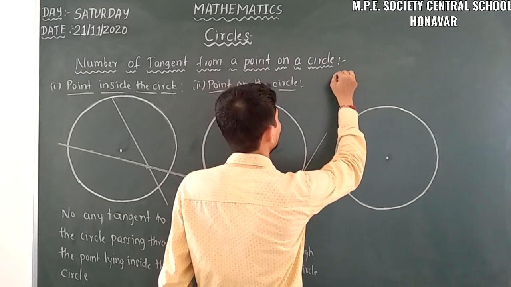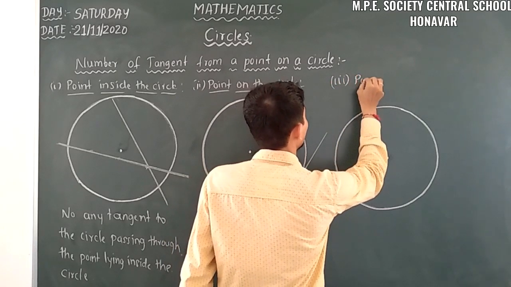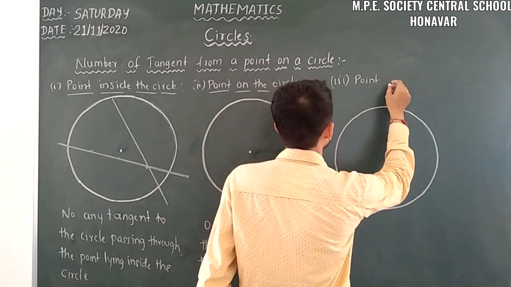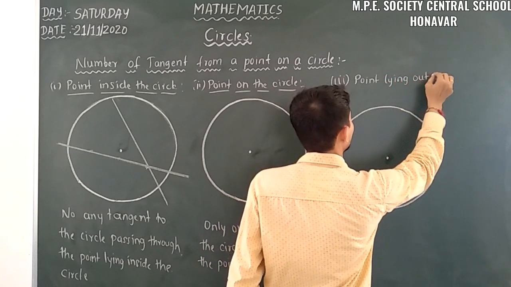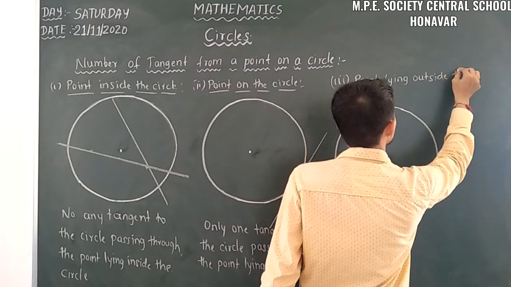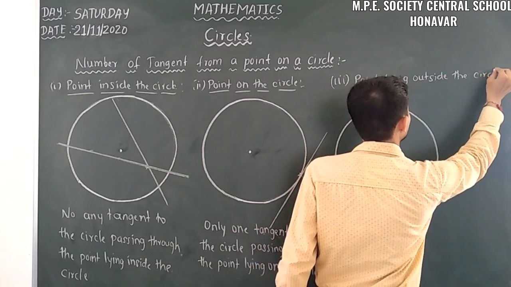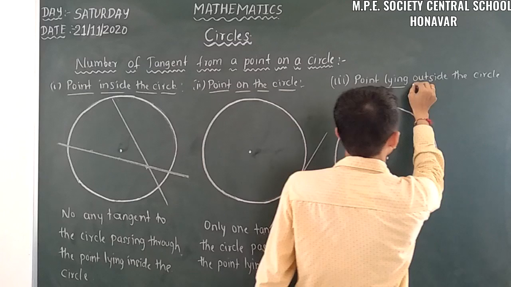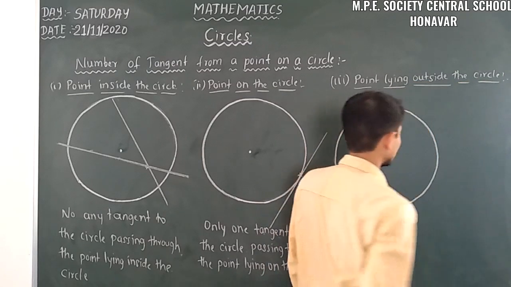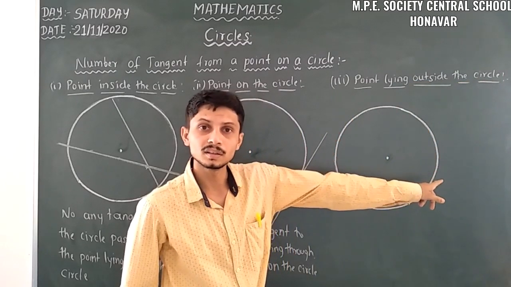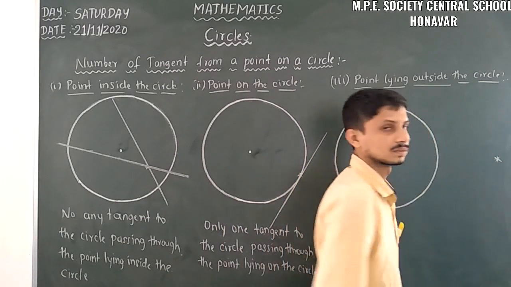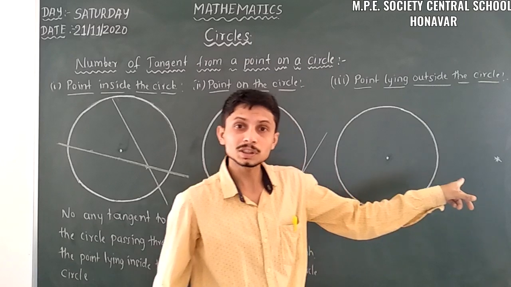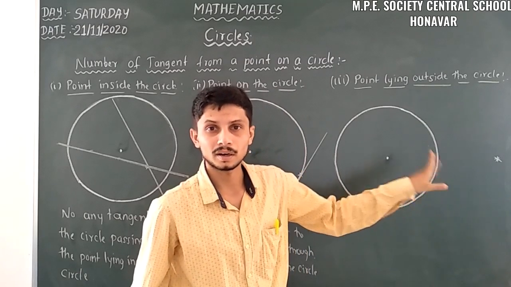It is a point lying outside the circle. Here we take any point outside the circle. Then passing through this point we draw a tangent.